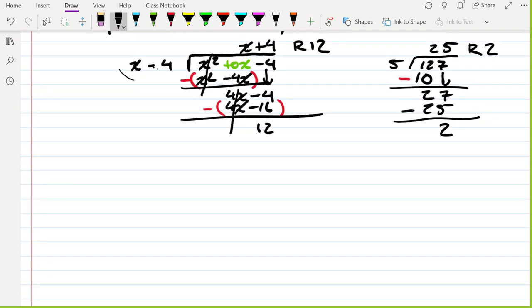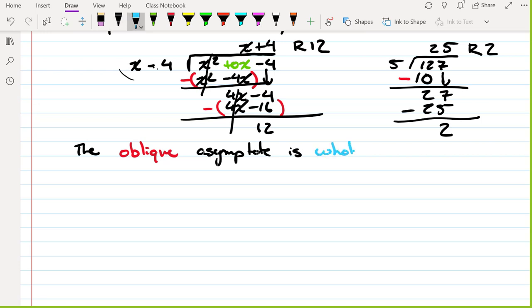So then the oblique asymptote is the whole part without the remainder.